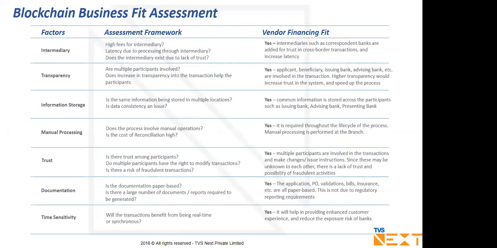And information storage: there is a lot of very important information. The bank's transaction related information can belong to the client, and the vendor should also have the same information, because there should not be a misinterpretation of what data each one has.